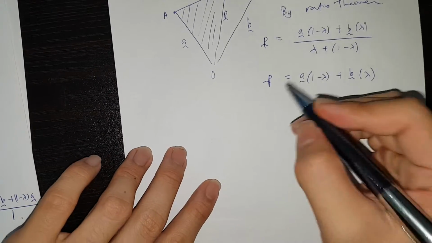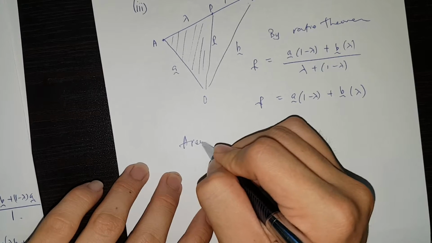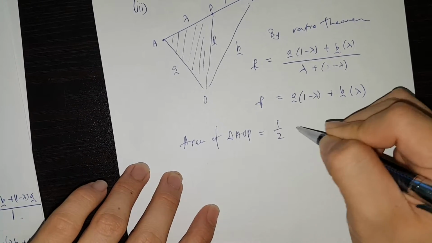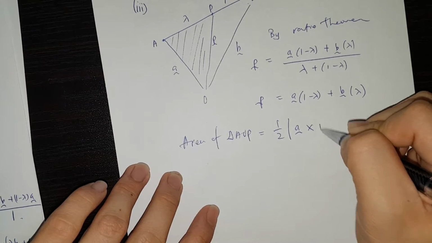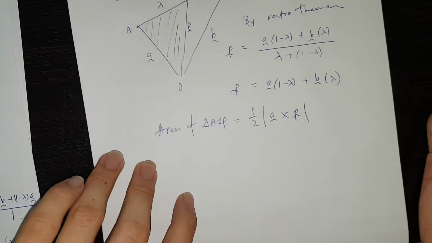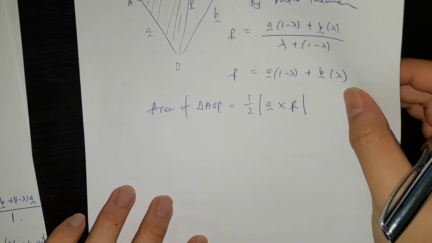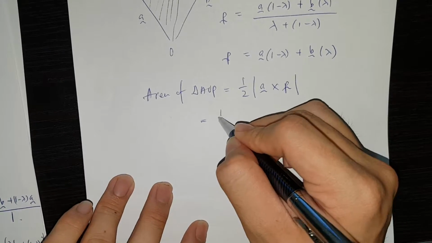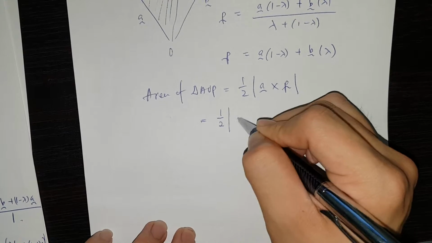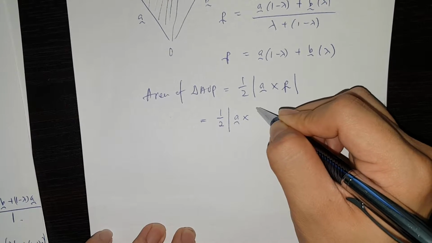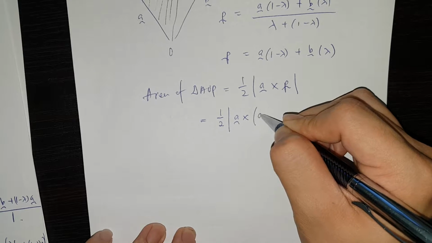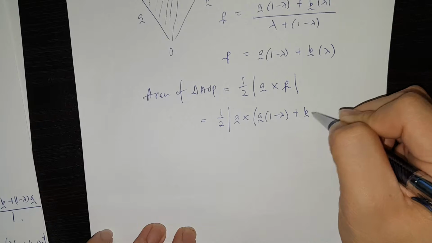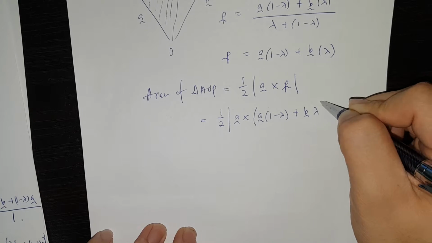Now the area of triangle AOP is given by half A cross P. This is where you're going to expand it out. So for A cross P, slowly substitute this in, you will get half A cross (A times 1 minus lambda plus B lambda).